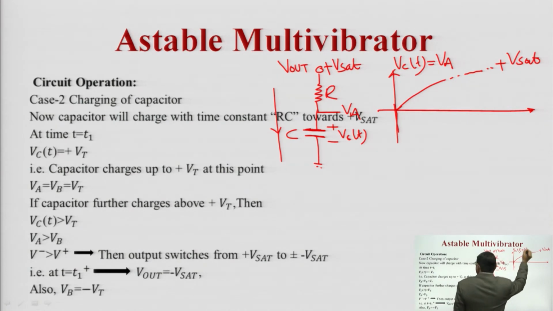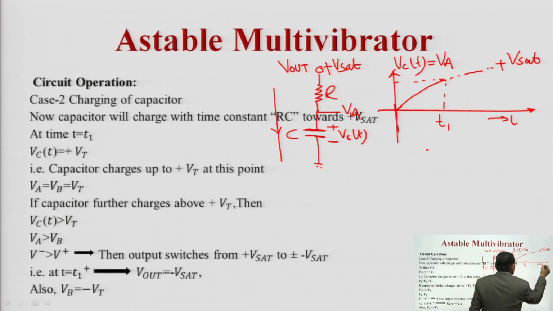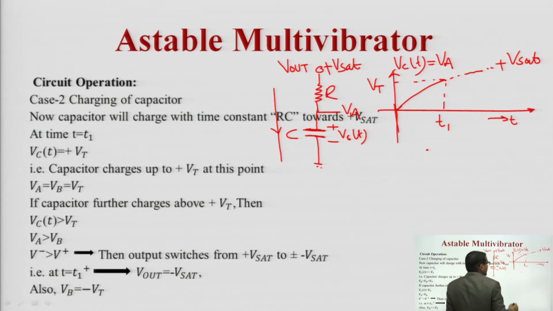And at t is equal to T1, for example, this is the value of T1 on the t axis, the time axis, and VCT becomes Vt. At t is equal to T1, the voltage across the capacitor becomes Vt and it is also equal to Va.